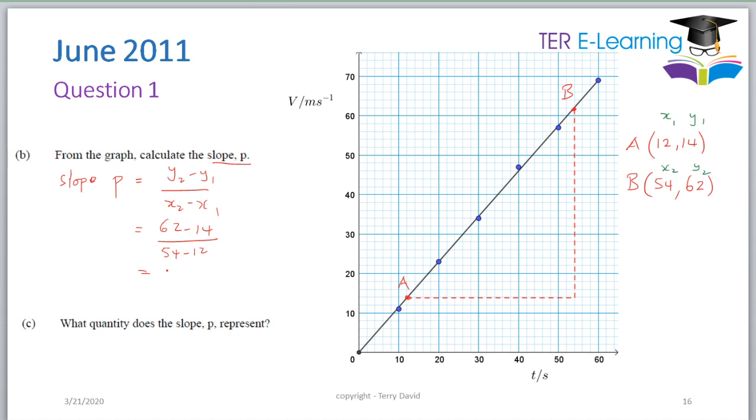At this point, we can use our calculator to work this out. That's 62 minus 14 divided by brackets 54 minus 12. I'm getting 1.14.